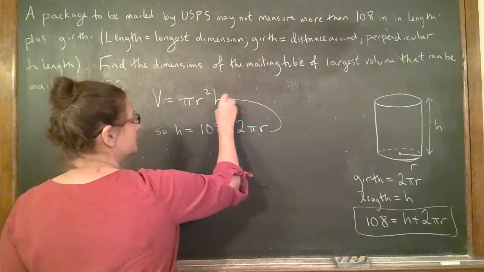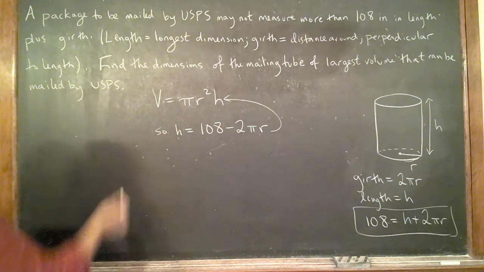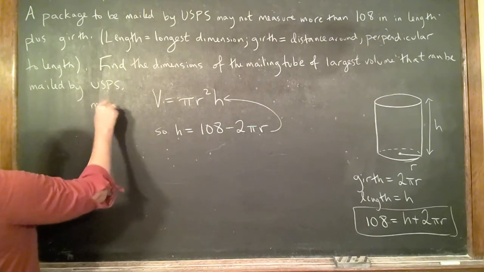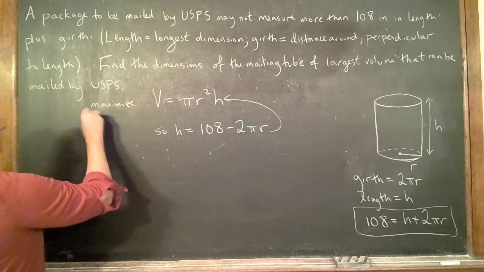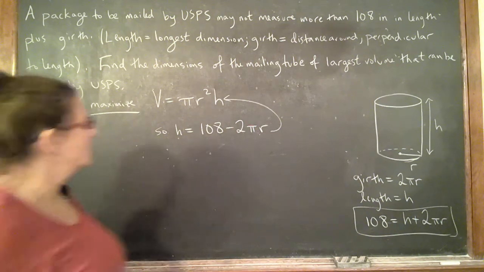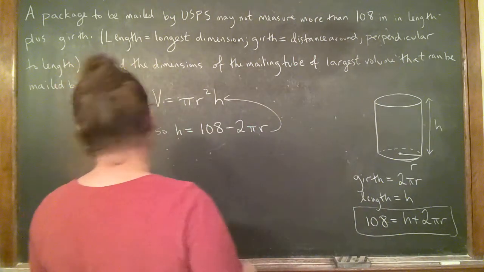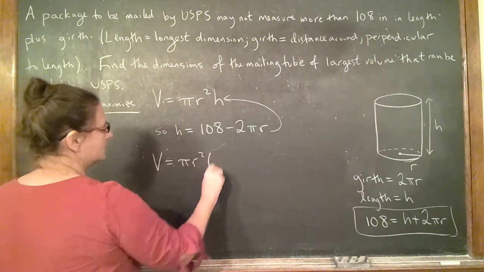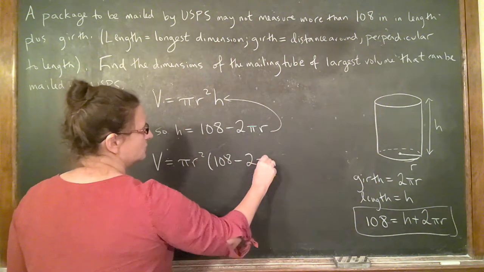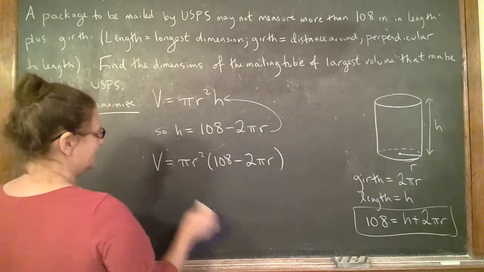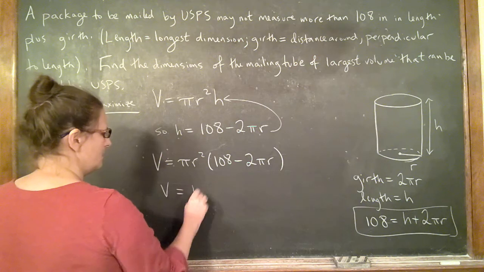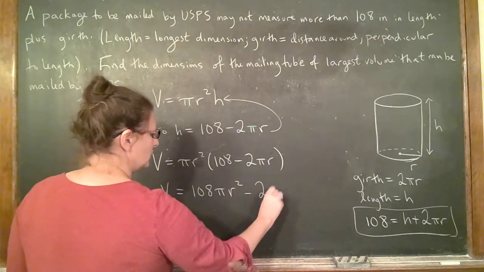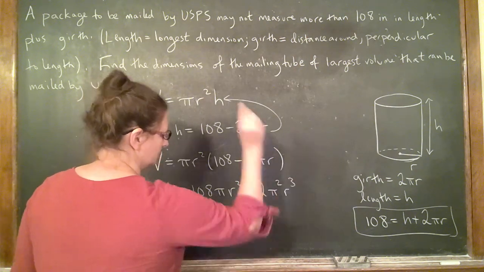Once I have that, I can plug this into the volume, because what I'm going to do is maximize the volume. So the volume equals pi r squared times 108 minus 2 pi r. This is a pretty nice looking thing: 108 pi r squared minus 2 pi squared r cubed.